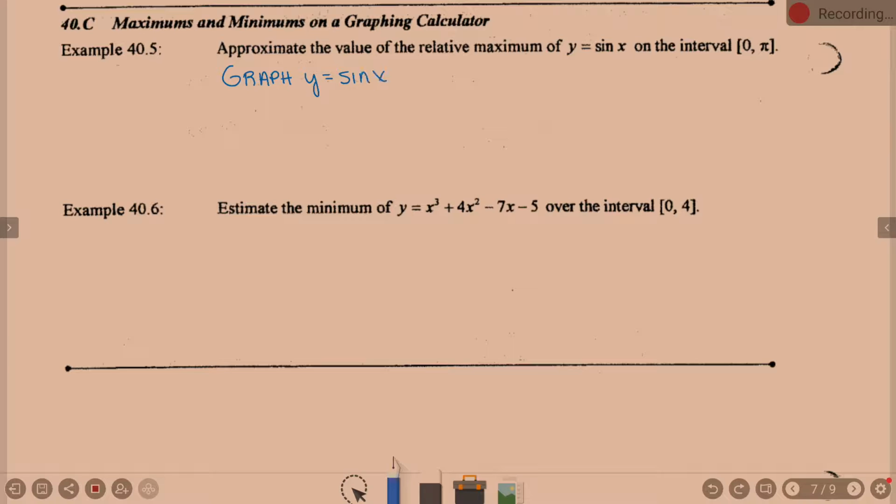And I don't know how familiar you are with this, but one of your zoom options is z-trig. For a basic trig graph, such as sine, the advantage of z-trig is that instead of numbering the x-axis 1, 2, 3, 4, 5, it numbers it by pi over 2s, I think, pi, something like that. So z-trig is always a helpful thing to use.